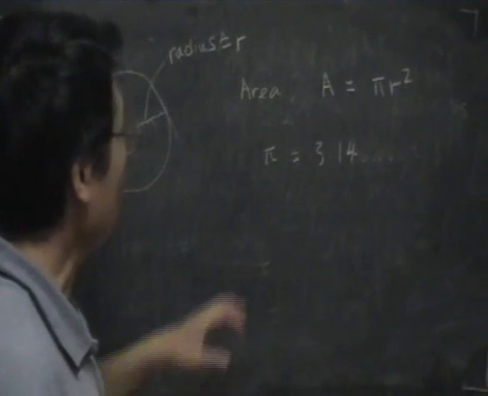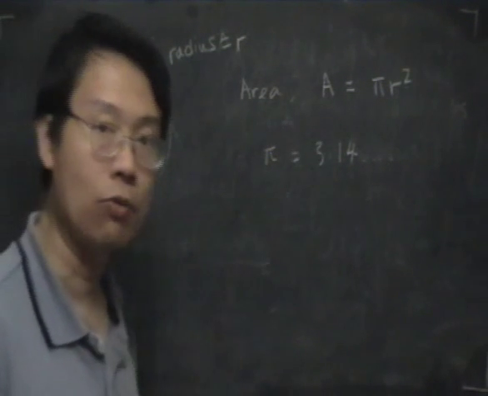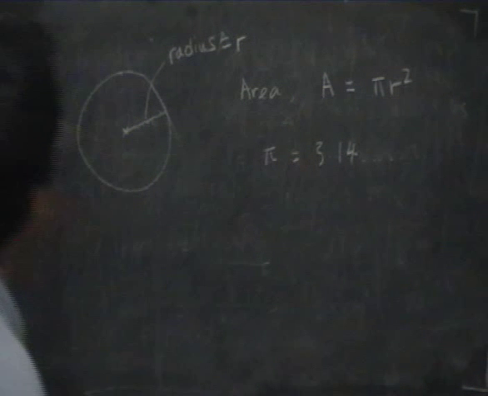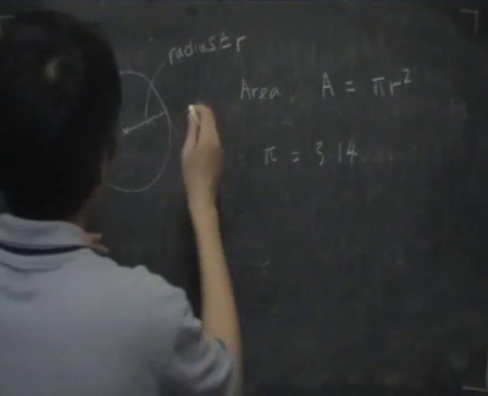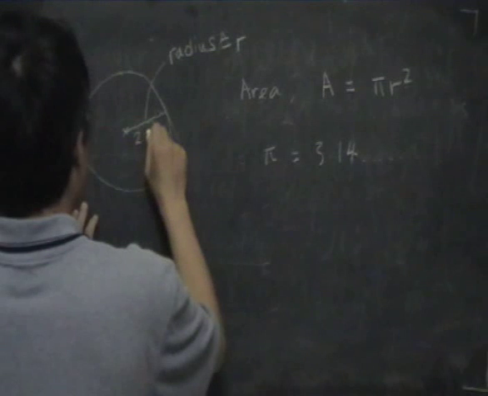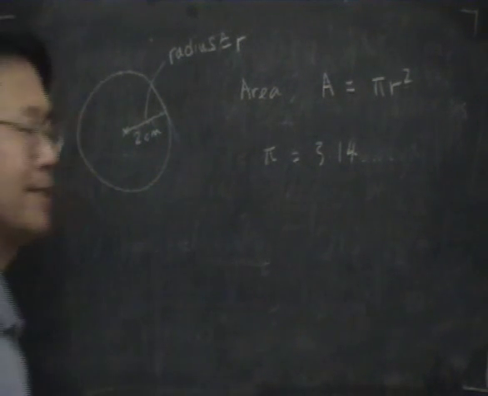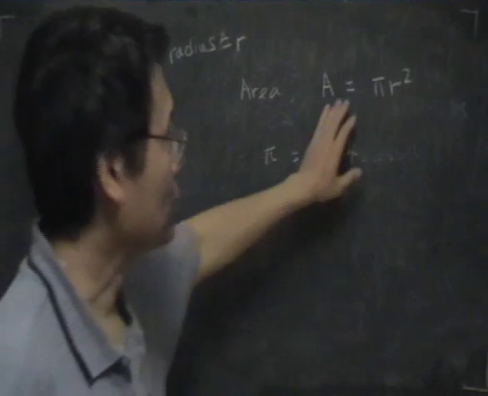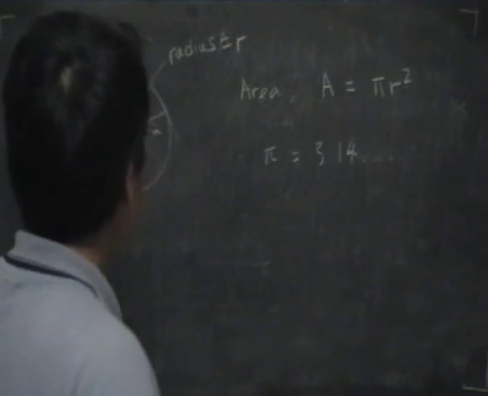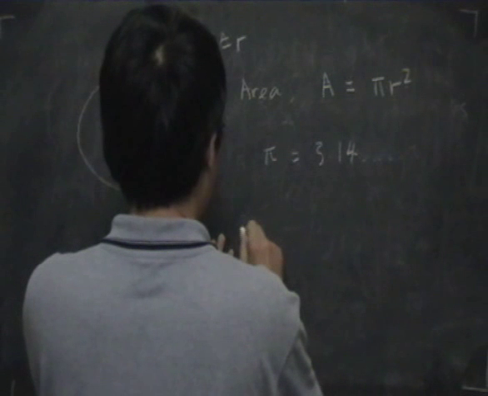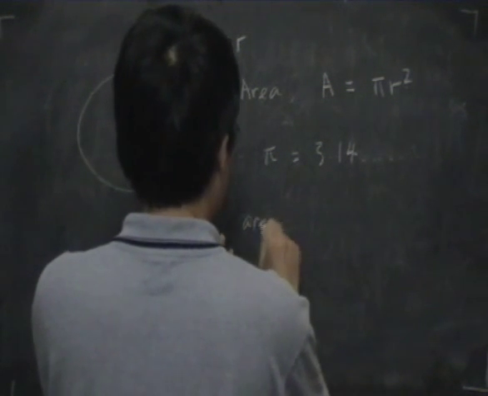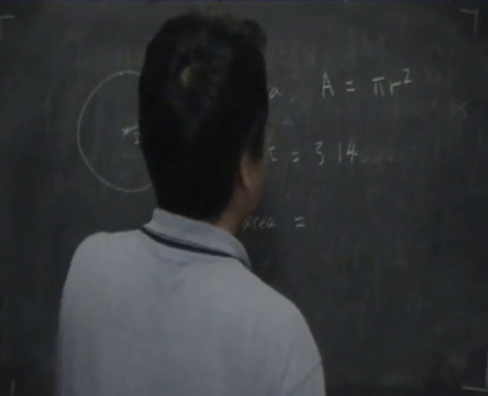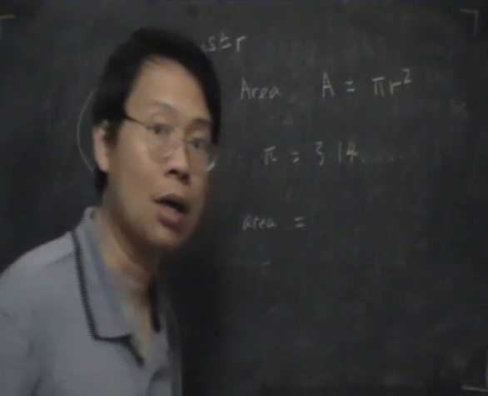So if I want to find the area of this circle, what do I do? Now suppose that this radius is 2 centimeters. In order to find the area, I can use this formula. So the area will be pi r squared.